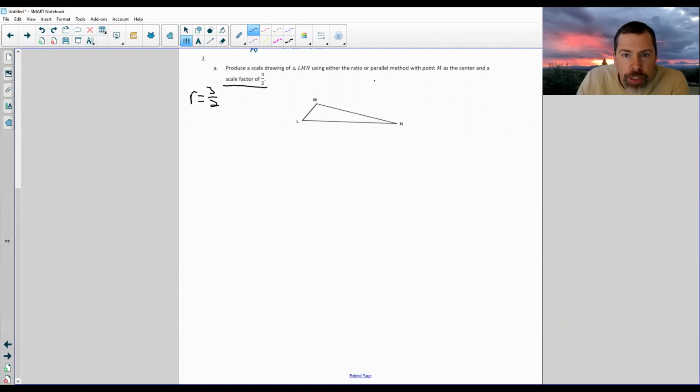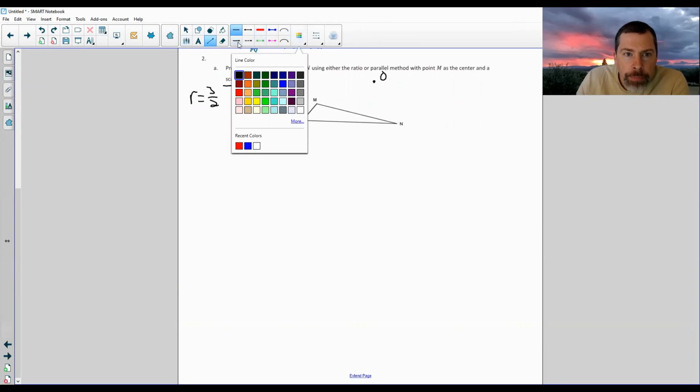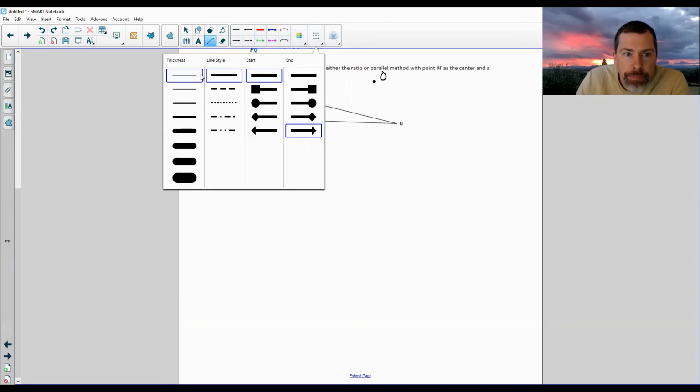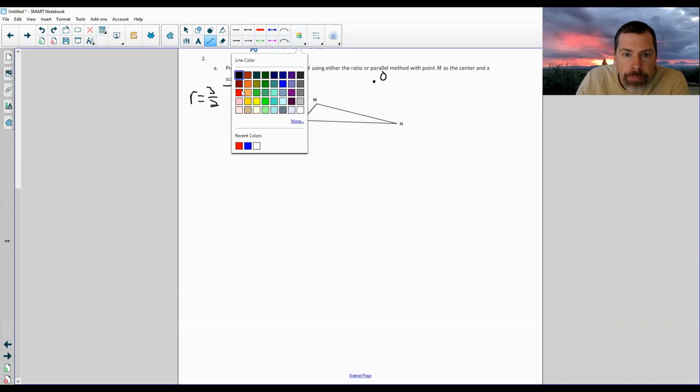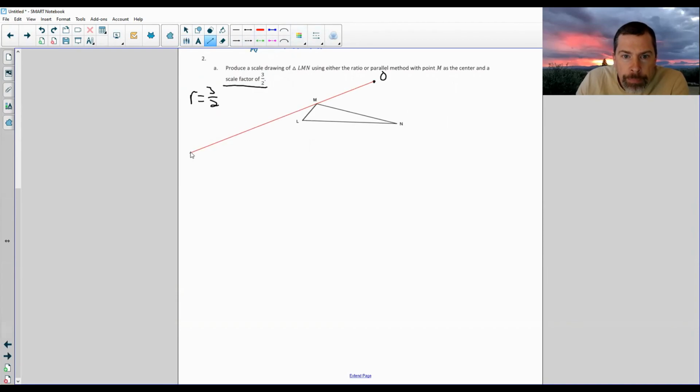If I just choose a point anywhere out in space, like right here, and call it O, and then I draw my rays from O through M, from O through L, and from O through N, like that.